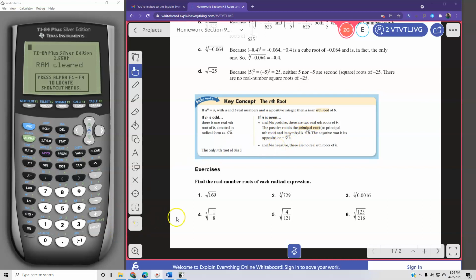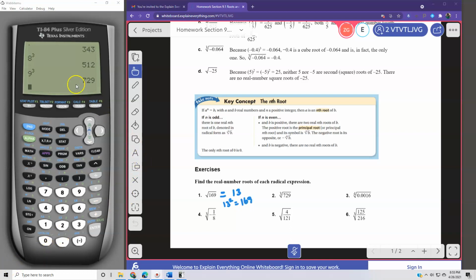Okay. So if we do the square root of 169, we know that 13 to the second power gives you 169. So therefore, the square root of 169 is equal to 13.